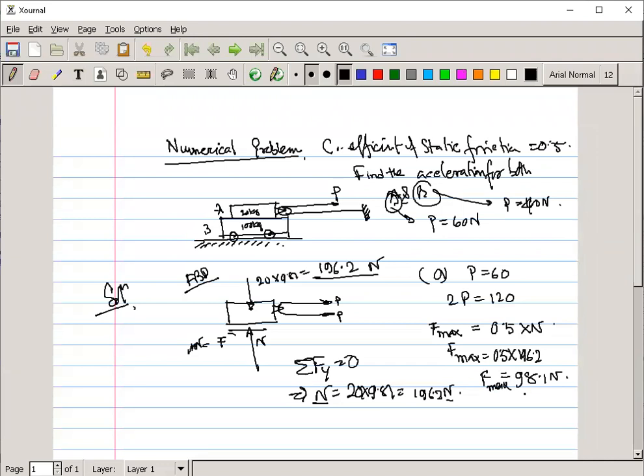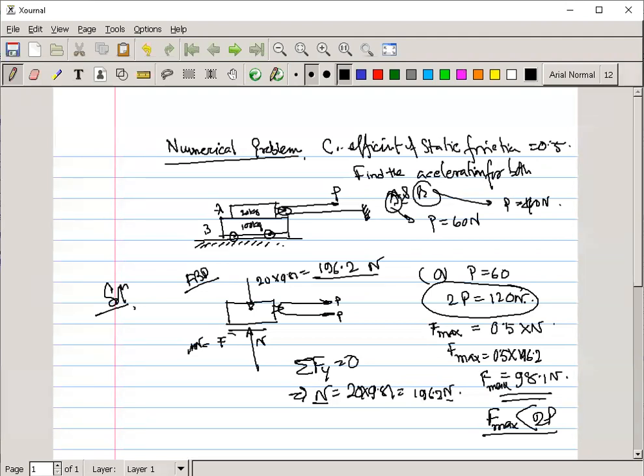And this value F max is less than 2P, because this is 120, 2P is 120 Newton. So it is less than that. It means what? Please try to understand this type of math very minutely, otherwise it is not possible to solve in the exam, because there is some concept.